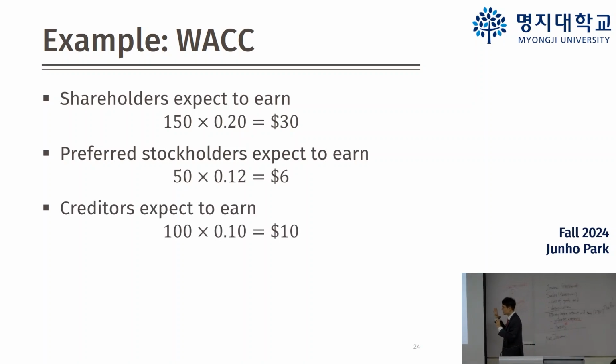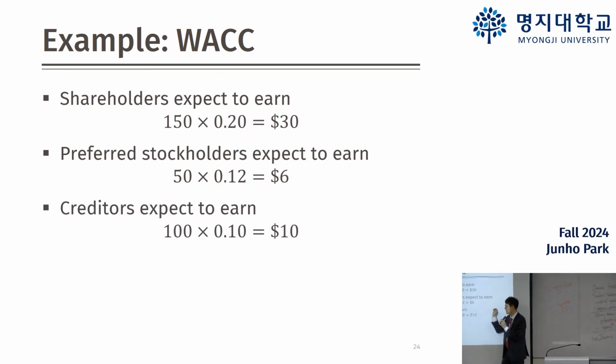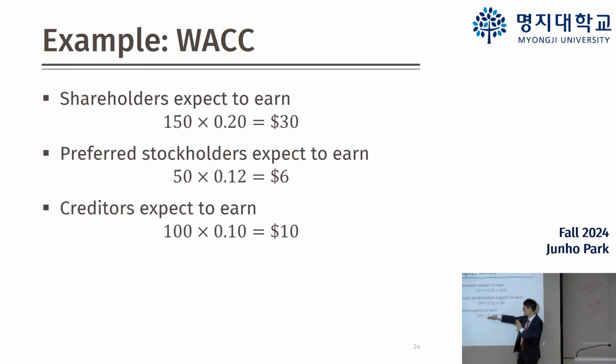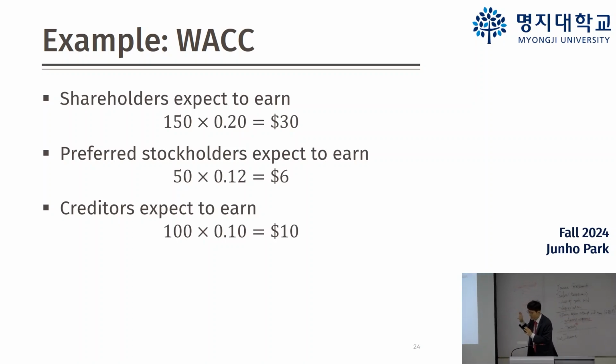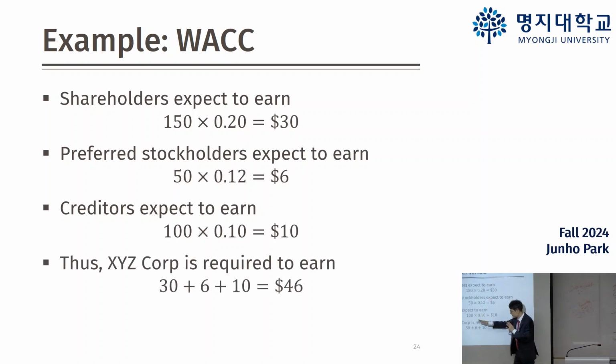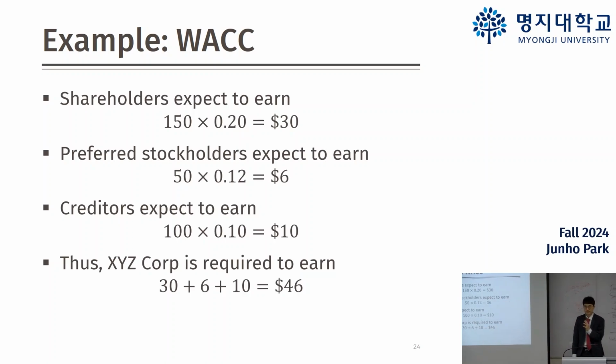Bondholders or the creditors expect $10 because they contributed $100 of debt and they require 10% rate of return at least. So in aggregate, the company needs to have at least 30 plus 6 plus 10, which is 46.